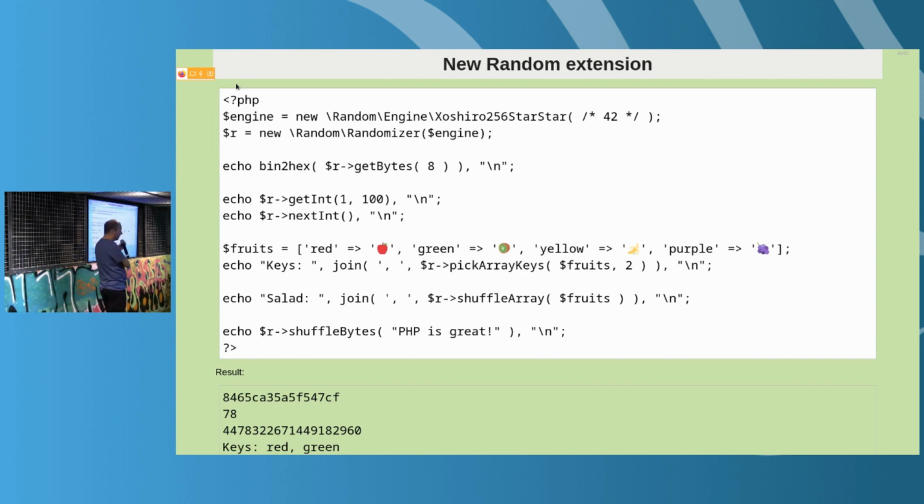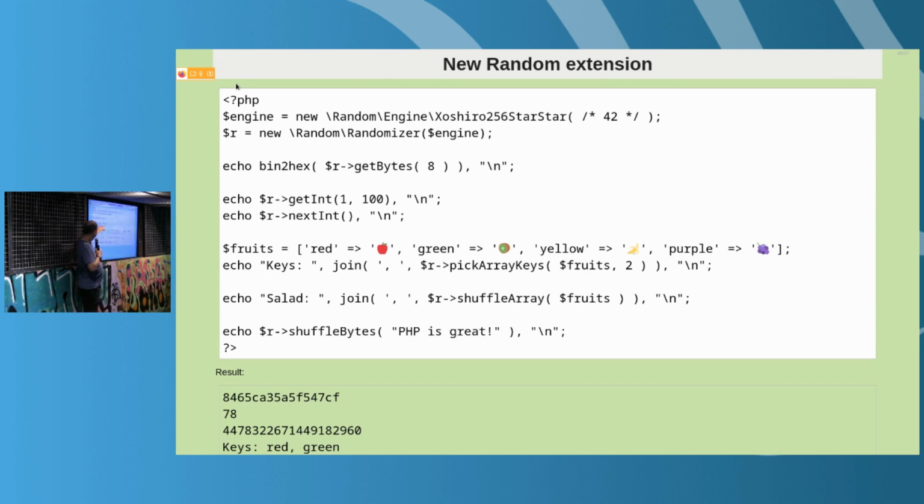But of course, we can't have the star in a class name, so you have to write out the whole word. And you can also seed these, and they are defined in such a way that there's an actual standard for it, unlike the Mersenne Twister that PHP had, where other languages had a different way of doing it, so you could never share the random seeds with them because they would be doing different things.